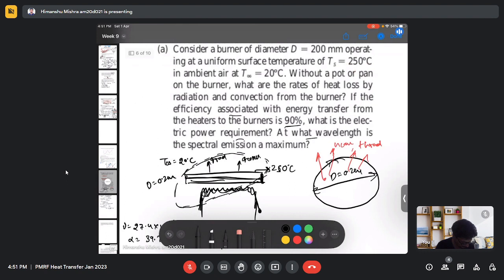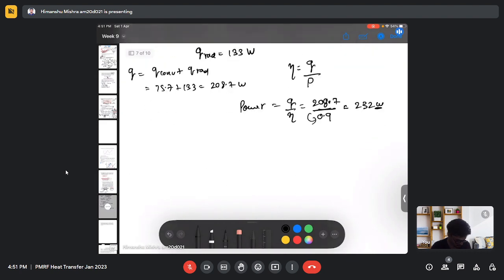And at what wavelength is the spectral emission the maximum? To find the wavelength, we will use Wien's displacement law to find the maximum wavelength.